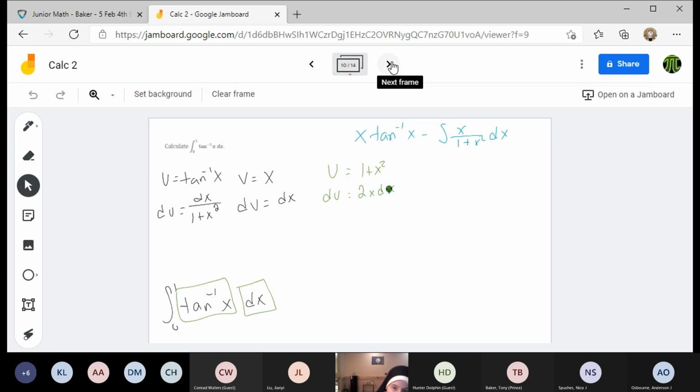And since I only have 1x, I'm going to bring the 1/2 over. So 1/2 du equals the x dx. So that integral part, the 1/2 can go out front, and I'm left with 1 over u du. So what's the integral of 1 over u?